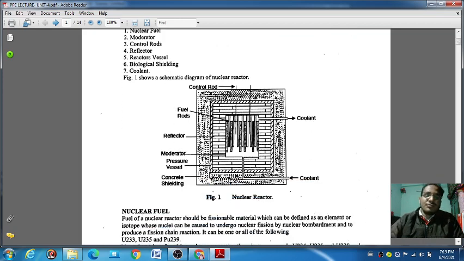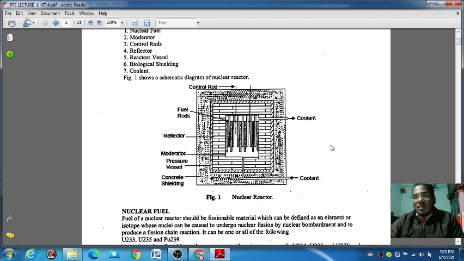You can see here what the parts are and where they are located. We also see how the coolant enters and how it goes out, because while the nuclear energy is produced in the reactor, heat energy will be produced.